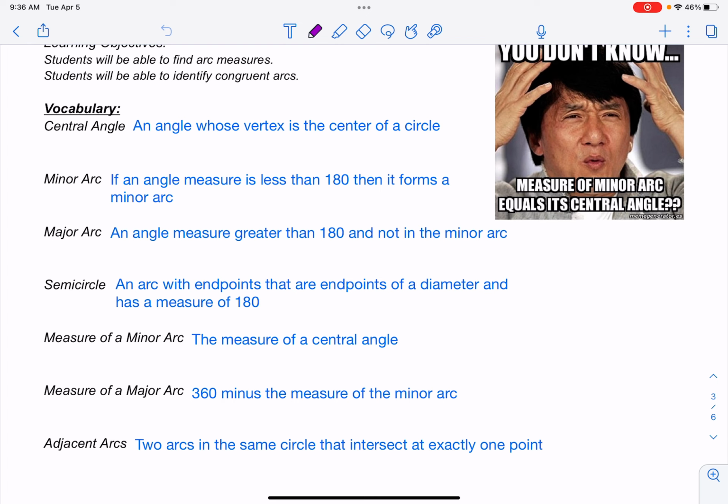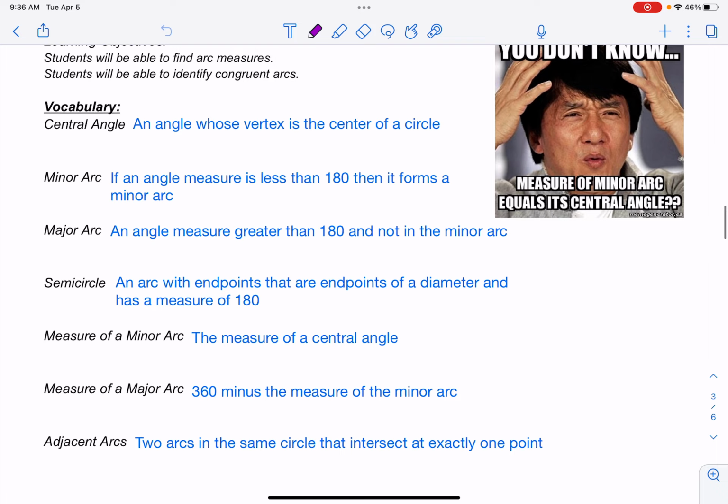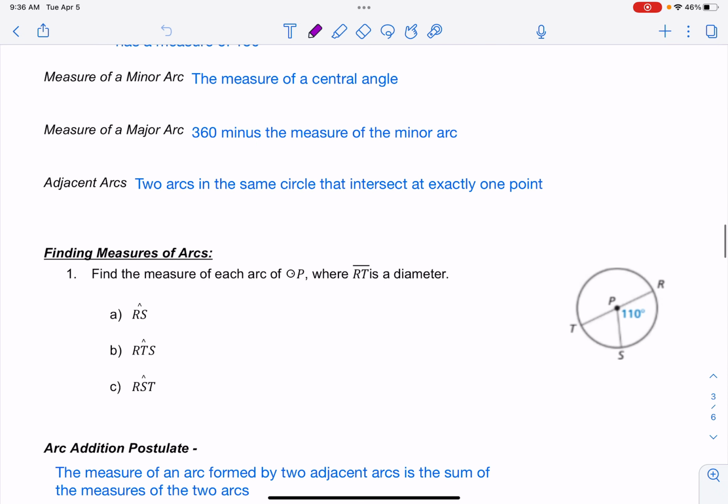So like I said, if you need to, please pause the video, copy down these definitions because you're going to use these as we go through the notes today. But let's go ahead and get into a quick example of finding these arc measures. So for this first one, it says find the measure of each arc of circle P where RT is a diameter.